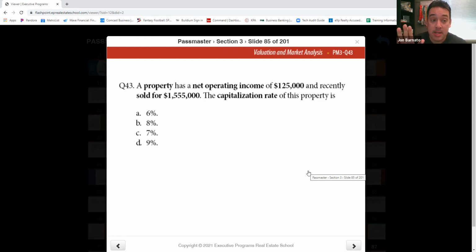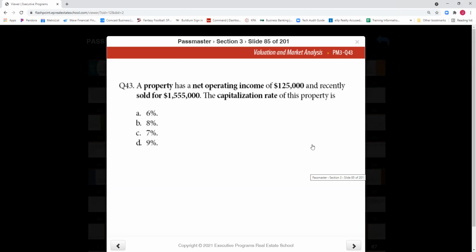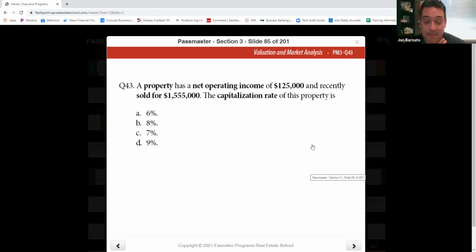Now there's no math on the test anymore. Really? They've eliminated math from the test because too many people complained about the math. But they did do something else to compensate for that.